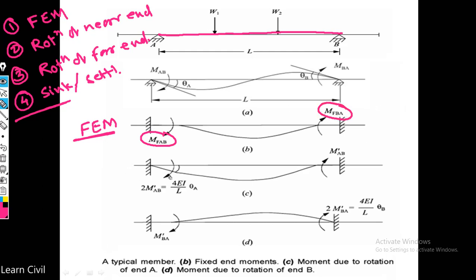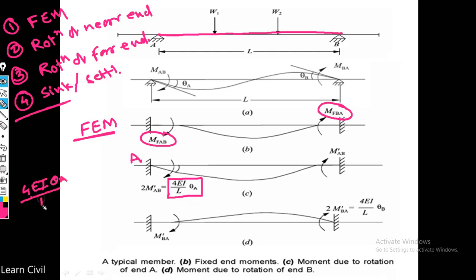Now let us consider the bending moment developed due to rotation of joint A, the near end. This bending moment will be equal to 4EI theta A upon L.